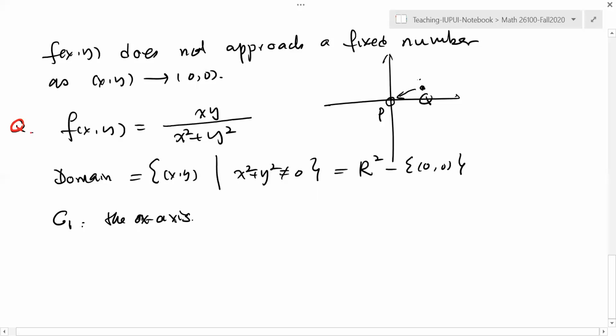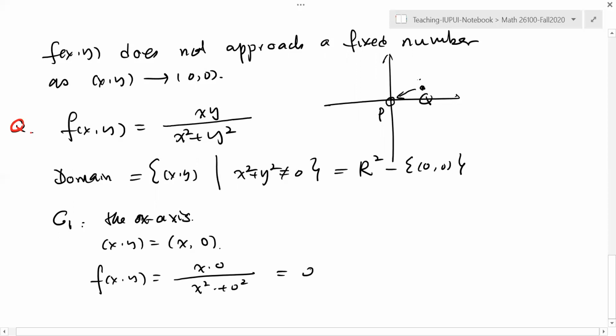Now along this axis, x and y is going to be x, 0. So f of x, y, when y is 0, is x times 0 over x squared plus 0 squared, and that's clearly identically 0.